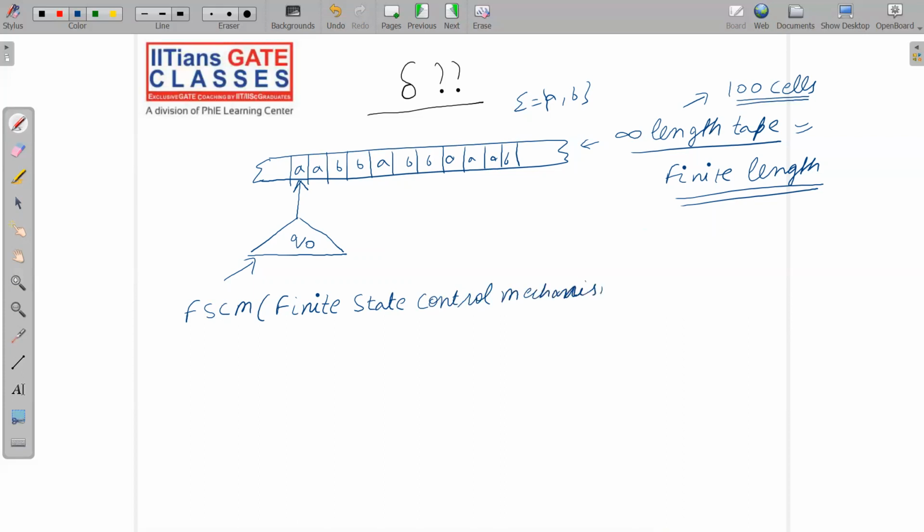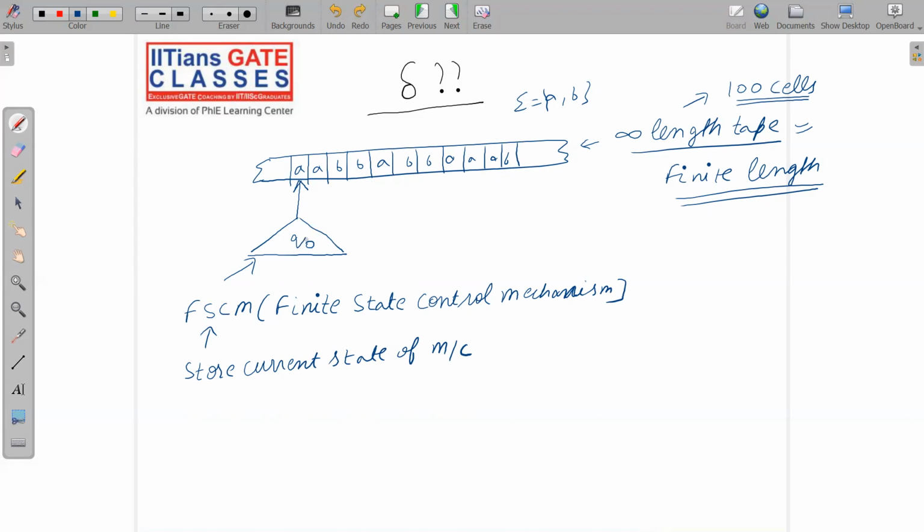The FSCM stores the current state of the machine. So one end of the read head is connected to the tape, while the other end is connected to the finite state control mechanism, which stores the current state. Initially the current state will obviously be the initial state itself. So Q0 is our initial state, and that will be stored initially in the FSCM.